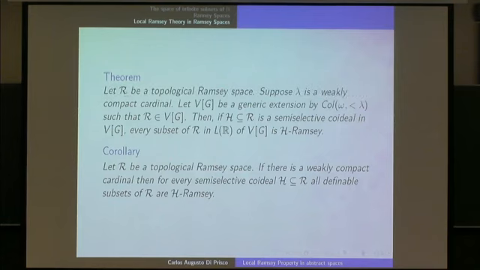And so we can get the consistency of all subsets of R have the Ramsey property in an extension collapsing. Well, in this case, I don't know if a Mahlo cardinal would suffice.